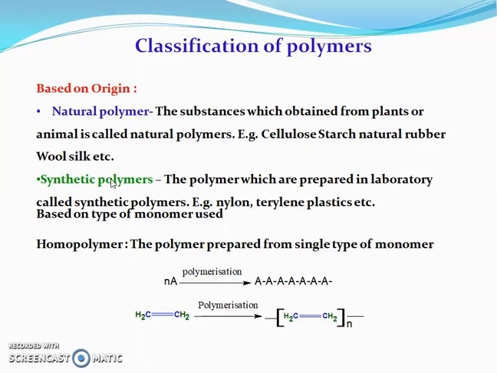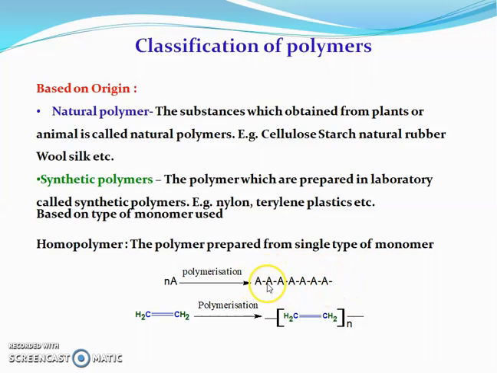Now we are going to discuss terms based on the types of monomers used. Depending on the type of monomer in the polymer chain, polymers are classified into two types. The first one is homopolymers. A homopolymer is a polymer prepared by the polymerization of a single type of monomer. As shown, a number of A-type monomers join to get a polymer having a single type of monomer.